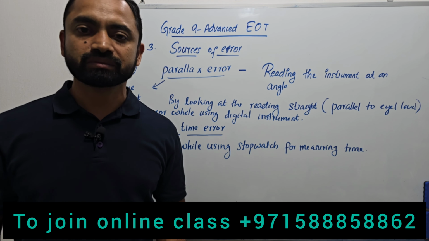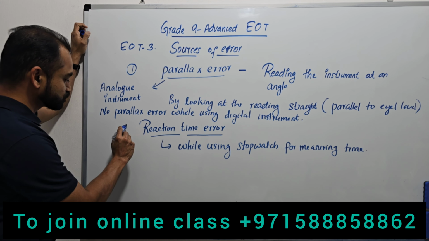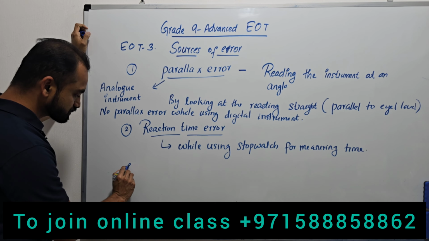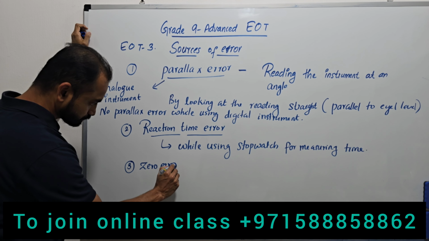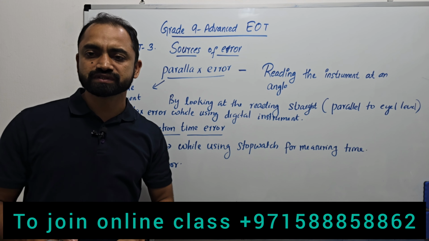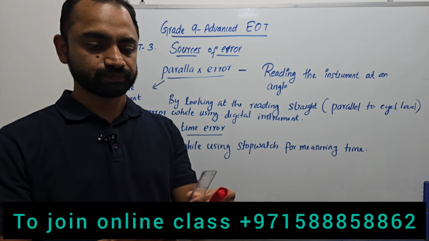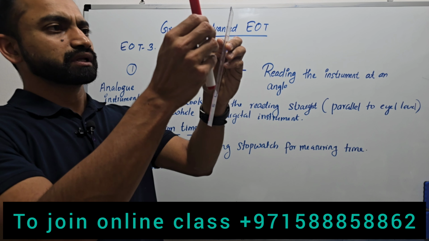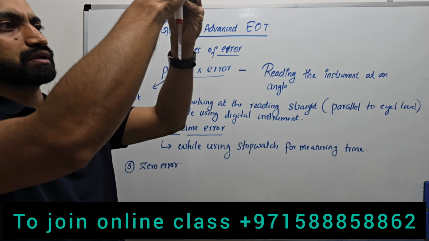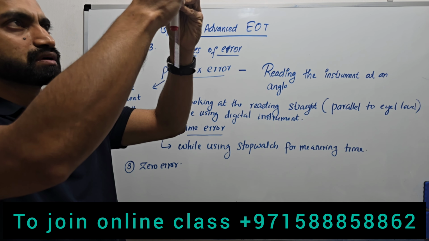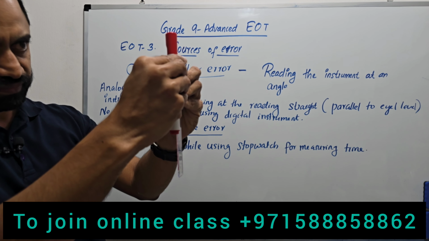Then another source of error is zero error. This is number 2, and number 3 is zero error. So what is the meaning of zero error? For example, I am measuring the length of this marker, and it is 14.3 centimeters, for example. When I keep this, I need to keep it exactly at 0.